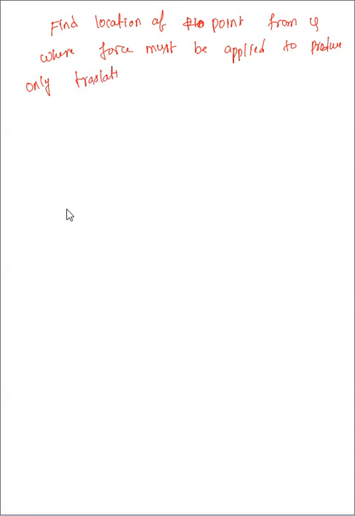This is the diagram they gave as part of the question. They mentioned that this rod has mass 2m and length 2l, and this one has mass m and length l. This end is P, this end is Q, this is R, and this is S.